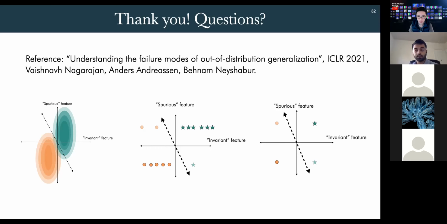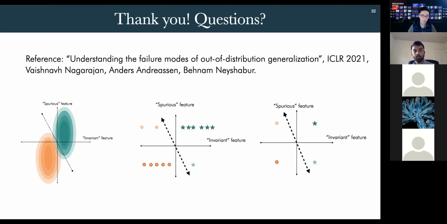You could also imagine, let's say you know that the invariant feature is feature 1 and the spurious feature is feature 2. Then you can imagine applying some sort of feature selection method or some L1 regularization. And I think in that case, it should figure out that the first feature is the one that you should be using. So in these 2D cases, you can come up with some simple regularization terms that could solve this problem.